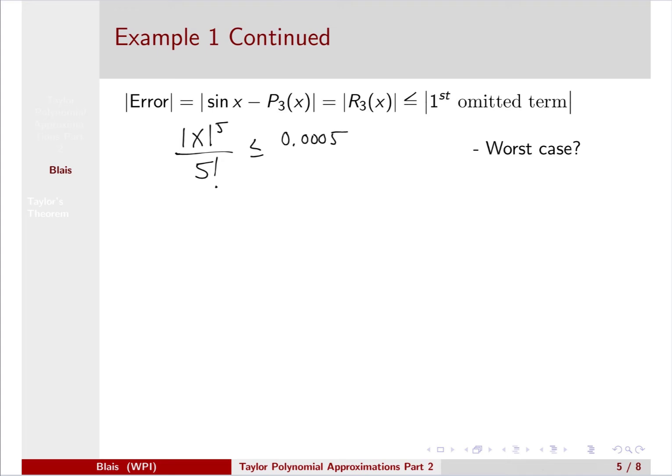Let's write 0.0005 as 5 over 10,000. And note, we should multiply both sides by 5 factorial. So we get absolute value of x raised to the fifth power is less than or equal to 5 over 10,000 times 5 factorial.